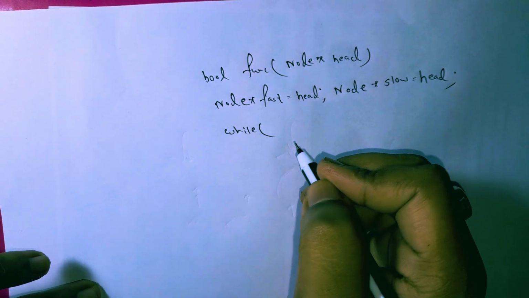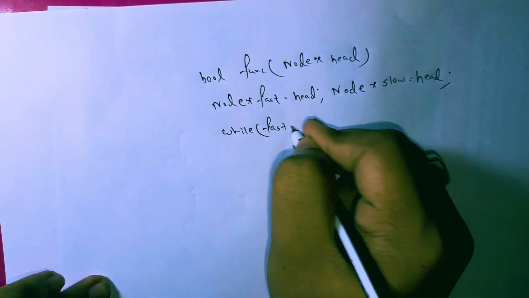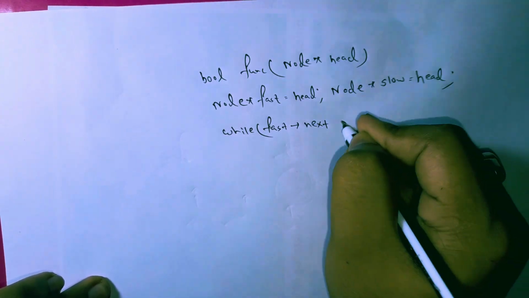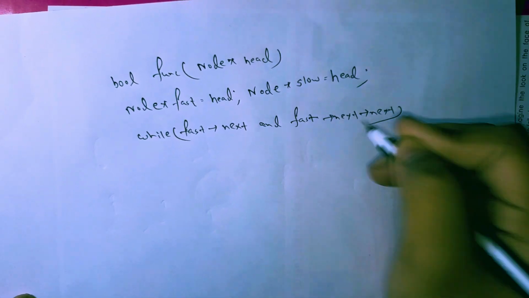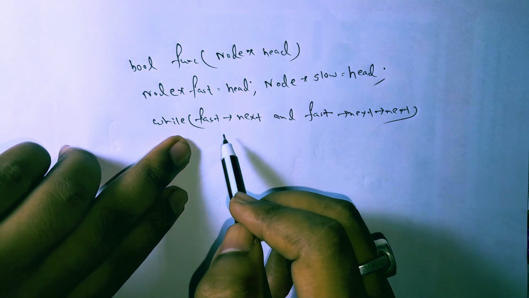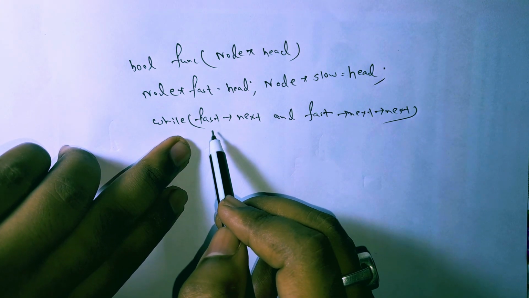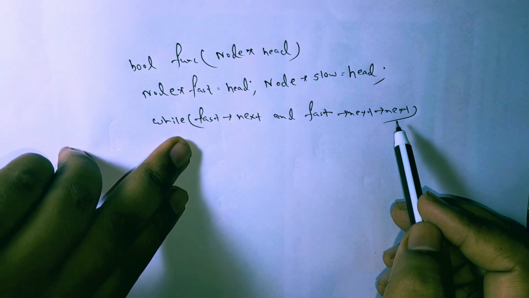So I will check both conditions for the even size and the odd size. Hope you have understood why I am taking fast next as well as fast next next in the while loop, which means the while loop will iterate as long as fast next is not null and fast next next is not null.